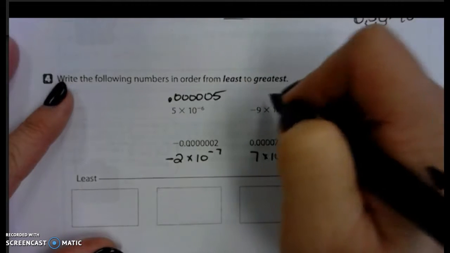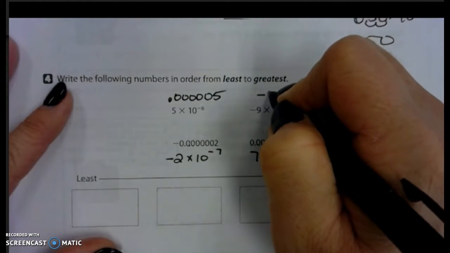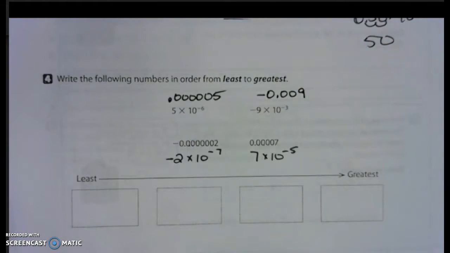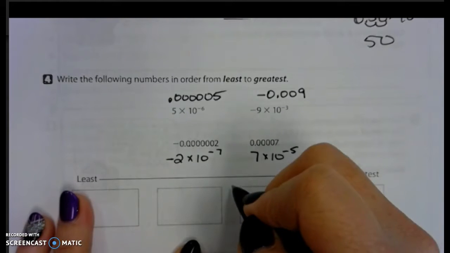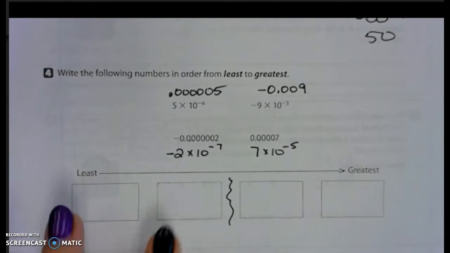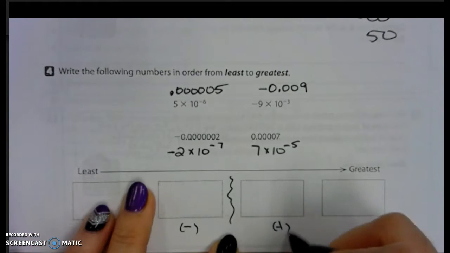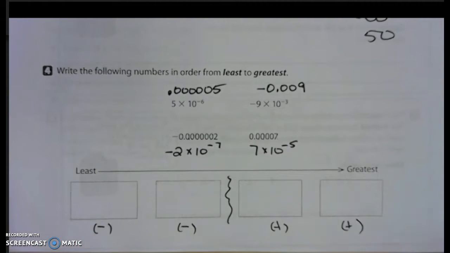And for this one, you would have had negative 0.009. Now, your two negative numbers have to be smaller, so we could at least get it halfway right. Our two negative numbers are going to go here, and our two positive numbers are going to go over here.